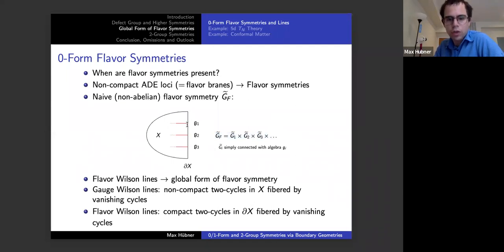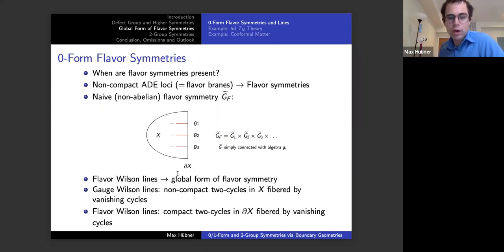Now, this originates from looking at all of these singularities locally and separately, and it's a bit too quick because all these singular loci live in the same boundary geometry. So the point I'm going to make now is that there can be some global interplay between these singularities which corrects this naive guess.